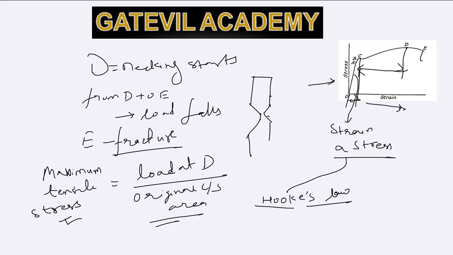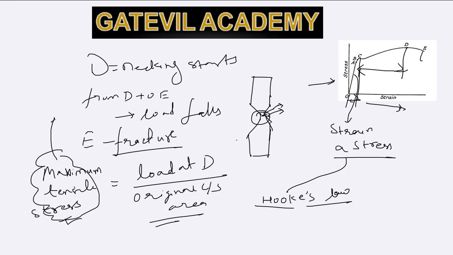The bar starts to neck. This will be the new cross-sectional area. So the true stress should be load at D divided by the cross-sectional area at the necking. So this is not the true stress, but this is of interest to the designer. This is the stress which a member can withstand over its original area.